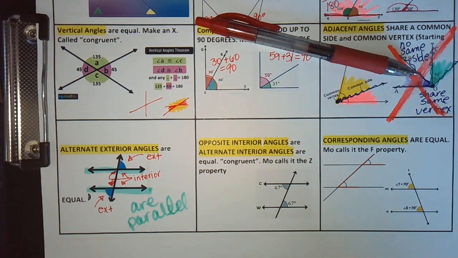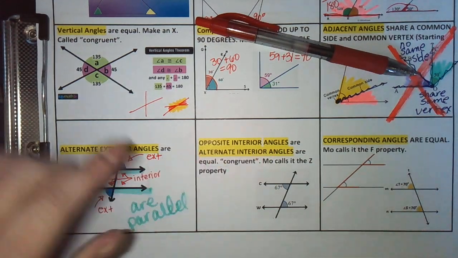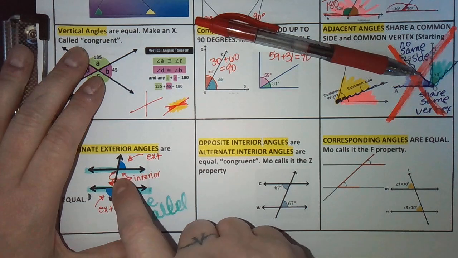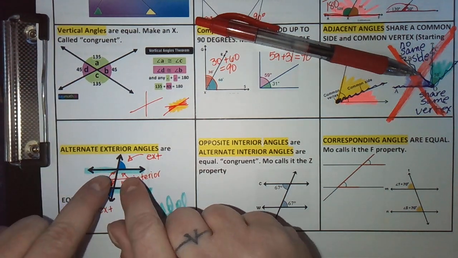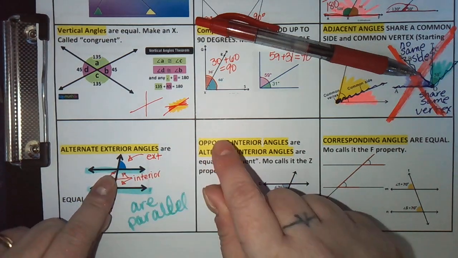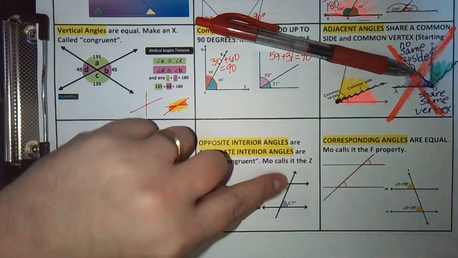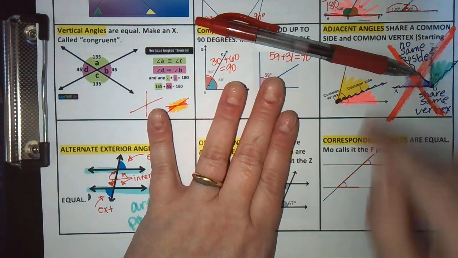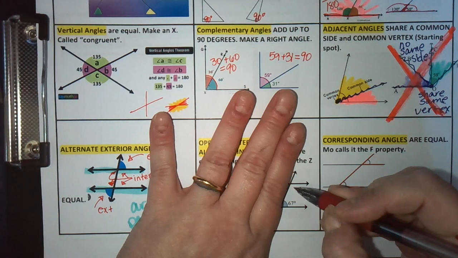Okay, then we have something called alternate interior angles. If I was just talking about interior angles, I'd be talking about these four that I pointed out. But when we say alternate interior, that means they're not on the same side. So it's not this 67 and this guy.